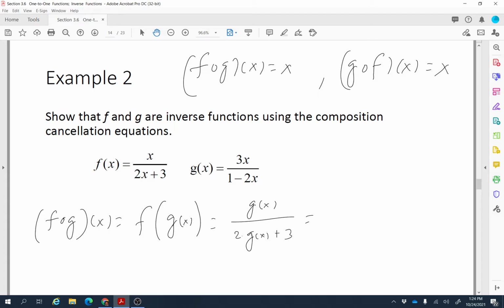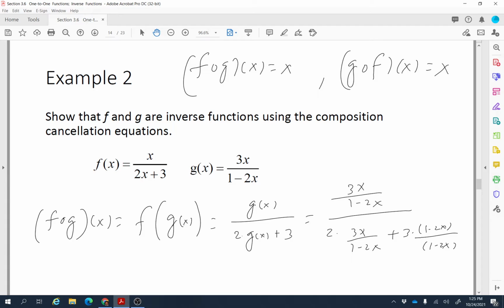Now replace the value of g of x here, which is 3x over 1 minus 2x, over 2 times 3x over 1 minus 2x plus 3. Now we need to simplify this. On the numerator there is just one term, but on the denominator there are two terms, so you can add them by making the same denominator. For that, I'm going to multiply this 3 by 1 minus 2x over 1 minus 2x, the numerator and denominator.